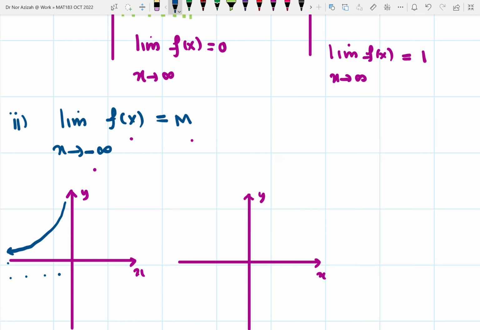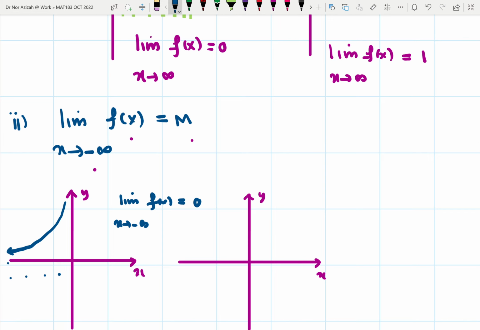So you can write here the limit of the function when x goes to negative infinity equals 0. Okay, you asked, no need for the two-sided limit anymore? Okay, so for this one, you just consider when x goes to negative infinity.